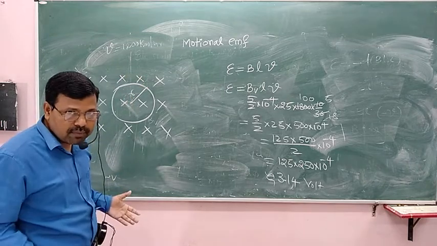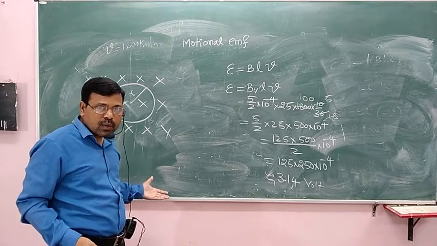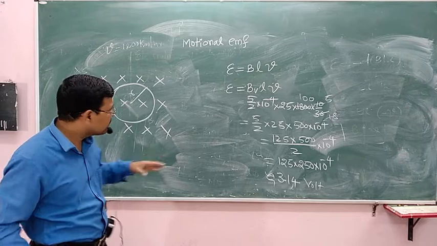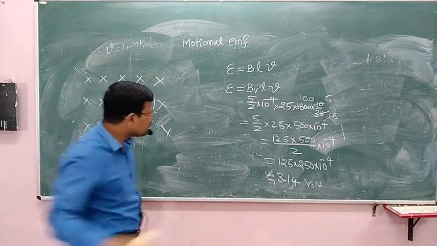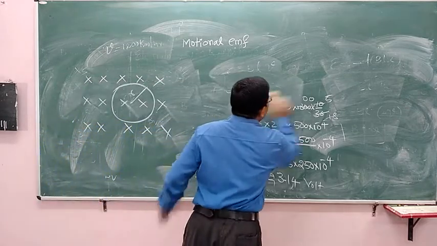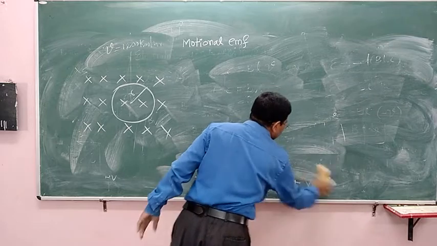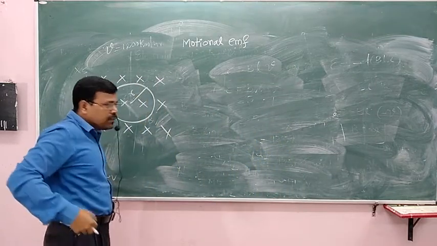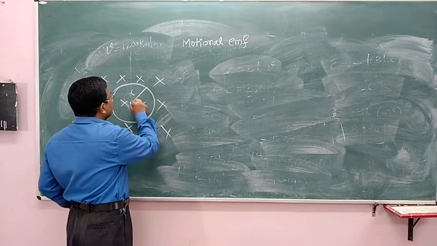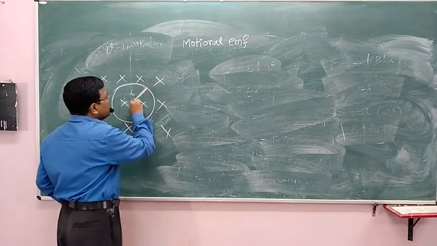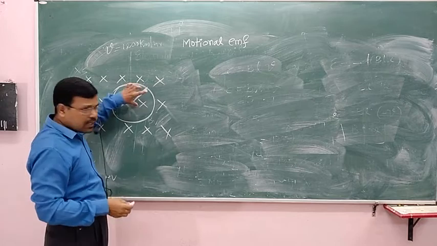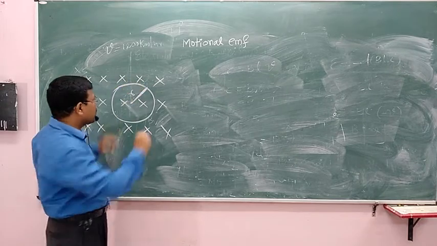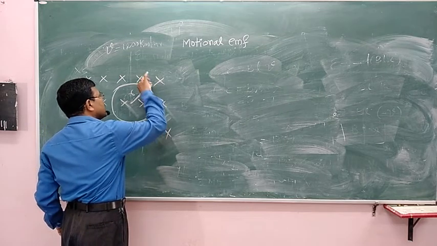How do we calculate rotational EMF? What is the formula we need to derive? Let us derive a formula for rotational EMF. Suppose this conductor moves a small distance.